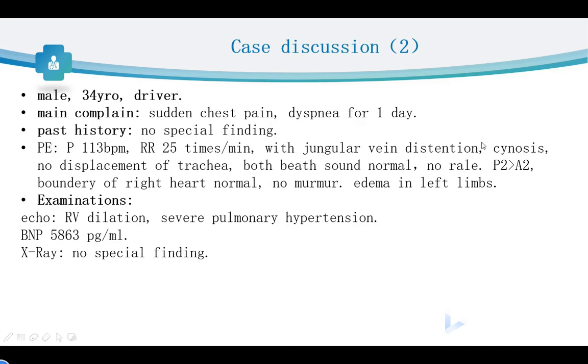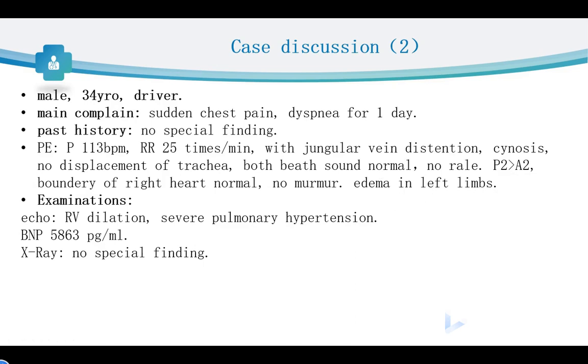And during the physical examination of the lungs, there are no positive findings. And about the heart, we can find the P2 is louder than A2. The boundary of the right heart is normal and no murmurs. Edema only in the left limb.